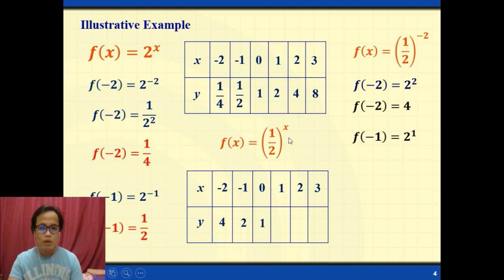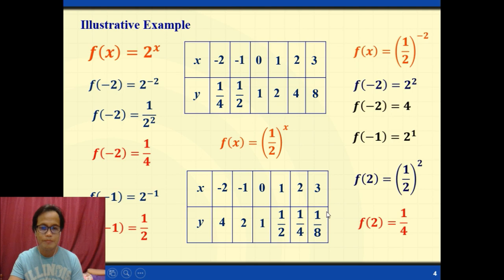Then, if x is 1, any number raised to 1 is the same number, so that is 1 half. Now, if x is 2, this is 1 half squared, so 1 squared is 1, 2 squared is 4. So this is 1/4. Now, if x is 3, so 1 cube is 1, 2 cube is 8, so this is 1/8.